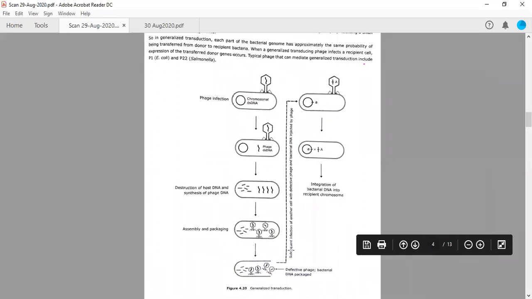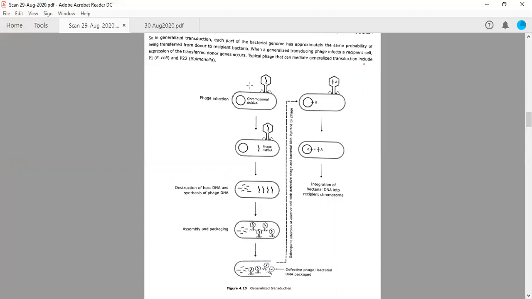So we have discussed this particular diagram, right? So I was telling that during mapping of genes by the same approach, we need to infect a bacterial cell with some bacteriophage, and each time we will take some specific phages, for example, P1 for E. coli and P22 for Salmonella, and like this. So these are specialized phages.